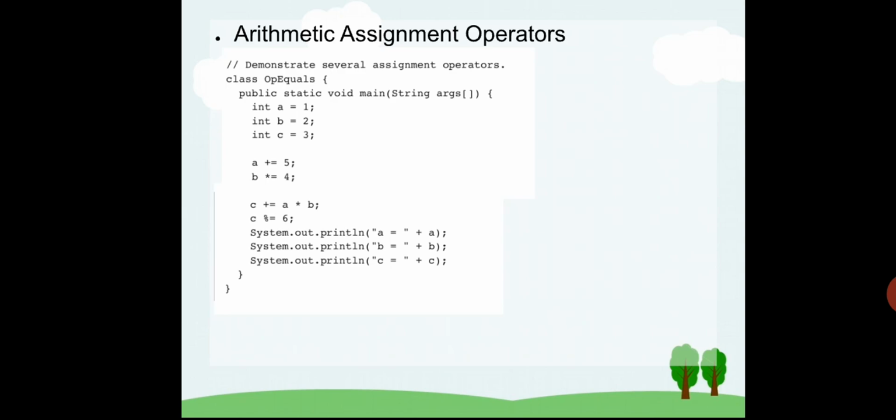In the next line, c += a * b is nothing but c = c + a * b. So ultimately you are simplifying your entire instruction into smaller parts. Then you will be printing out all the values a, b, c. Fine. If you have the system, try to run these programs so that you can visualize how exactly it worked. That is the arithmetic assignment operators.